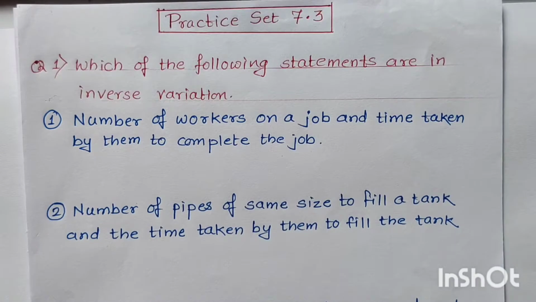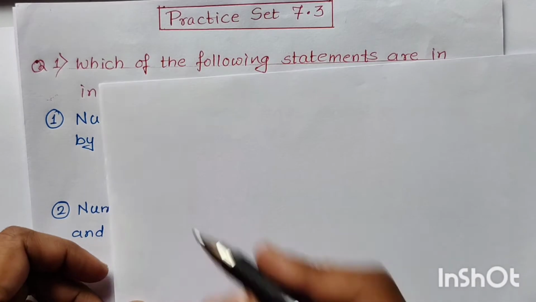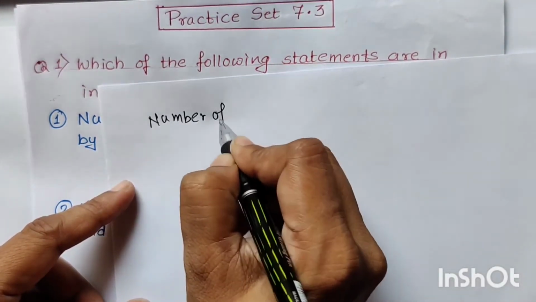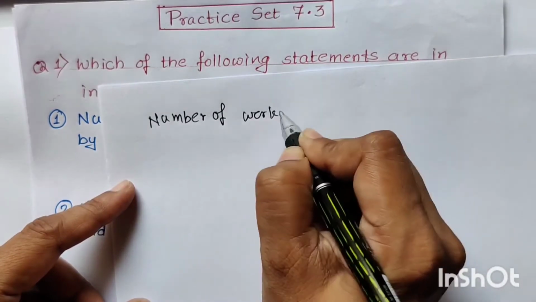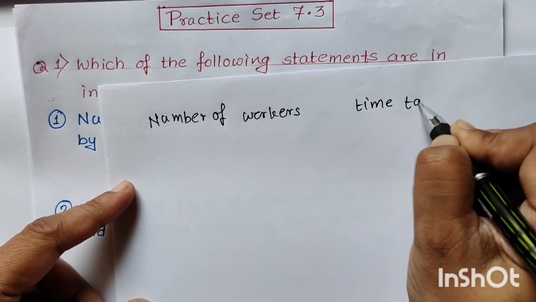First is the number of workers on a job and time taken by them. So children, for example, we can write here number of workers and time taken to complete the job.